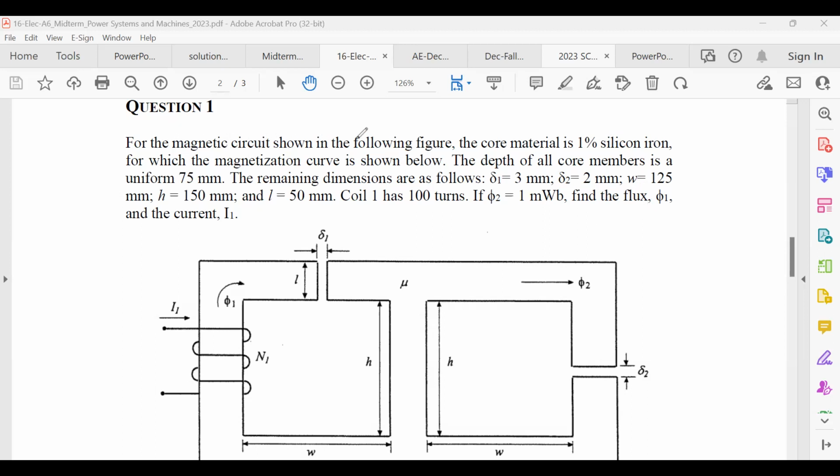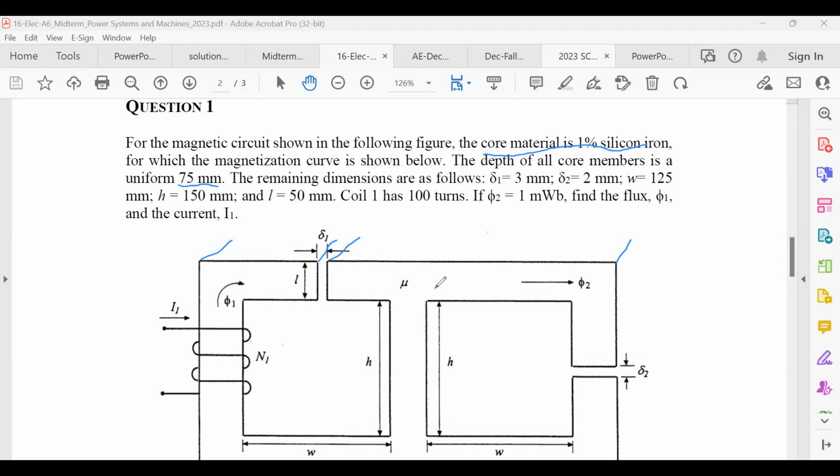So this one, for example, is a magnetic circuit given. They picked a certain material, because you have multiple materials on the B-H curve, or magnetization curve, given. The depth of the core is given, because this one is 3D. Sometimes they call it the depth or the thickness of your core, here 75.